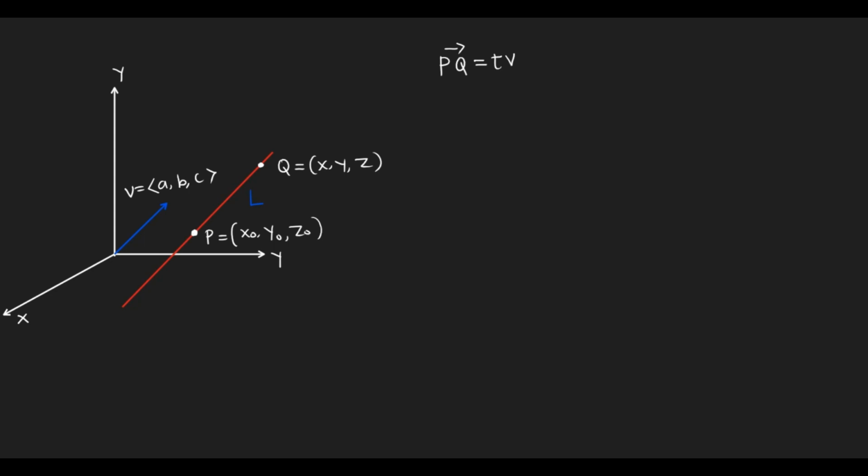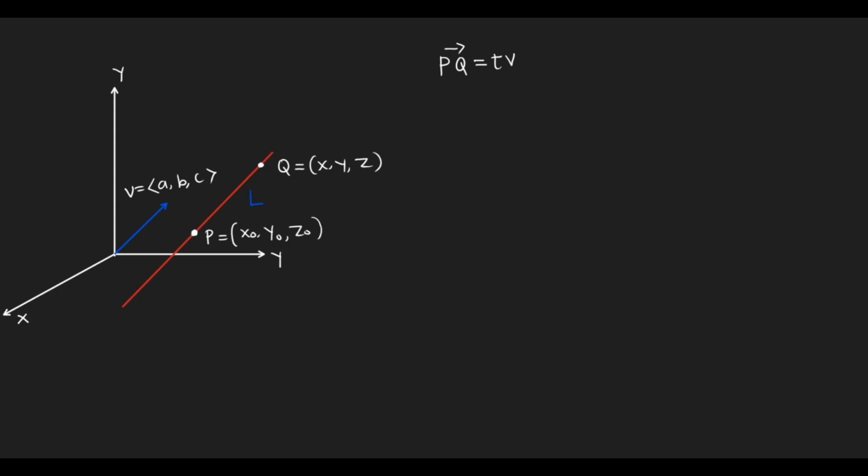Let's take note of this. Vector PQ is on this line, and we can find vector PQ by subtracting the components of point P from those of point Q. We are going to consider P and Q as position vectors.